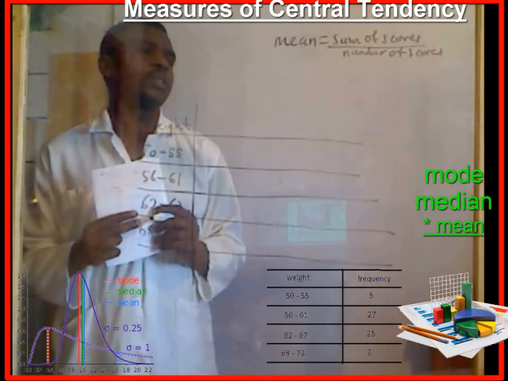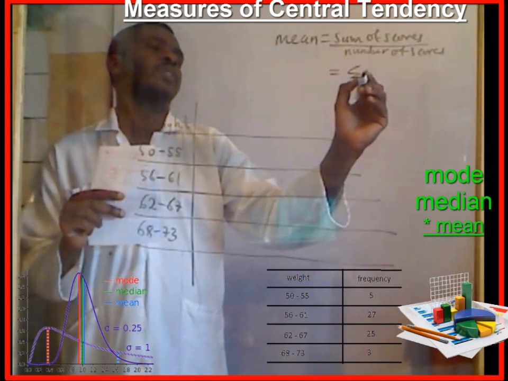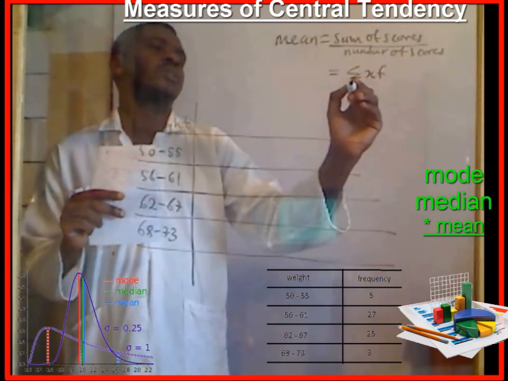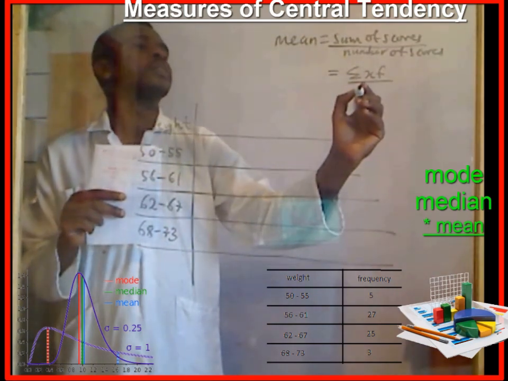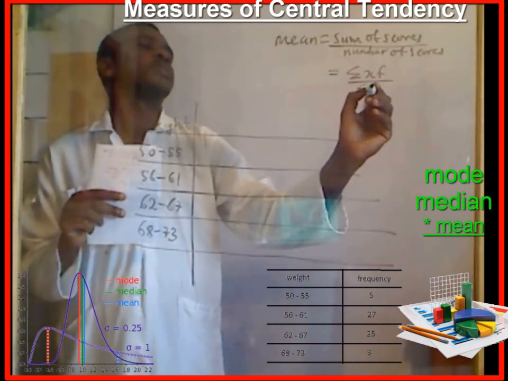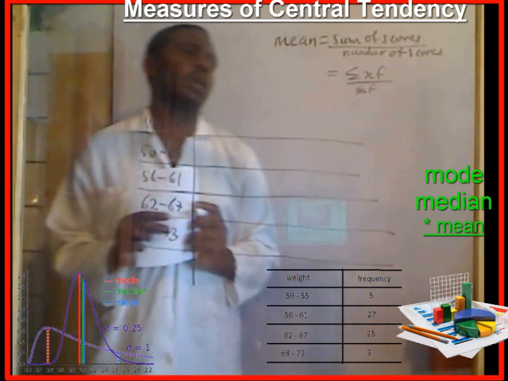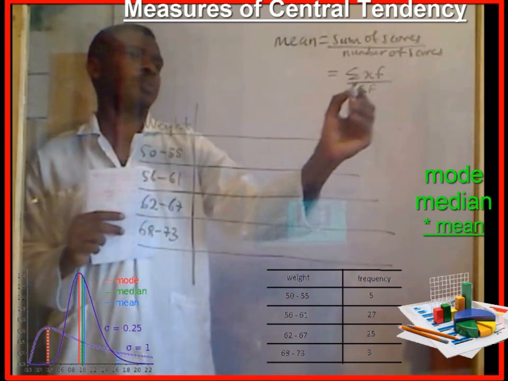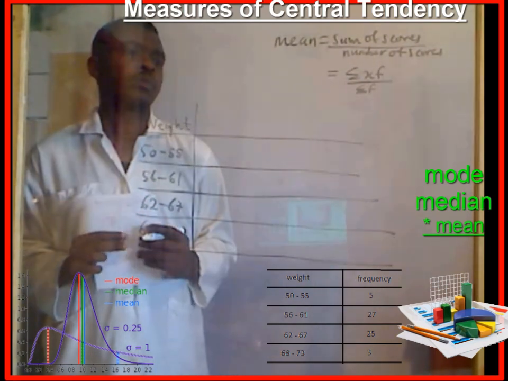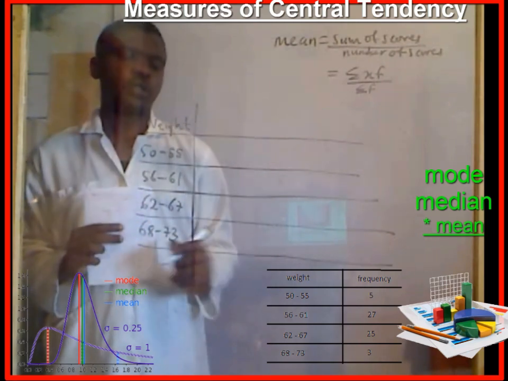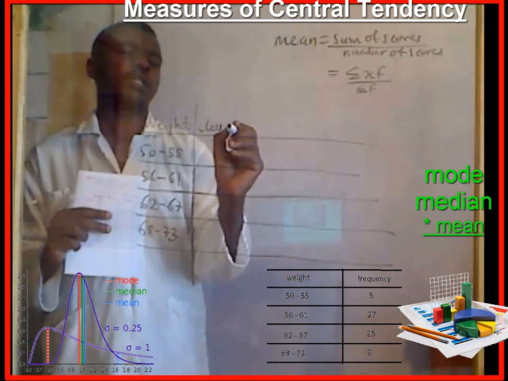For data on the frequency table, we had the sum of the scores, that is the sum of the product of the score times frequency divided by the total number of scores. So now, how can we get the product between the score and the frequency? We need to calculate another entry that we call the class average. Class average or center.